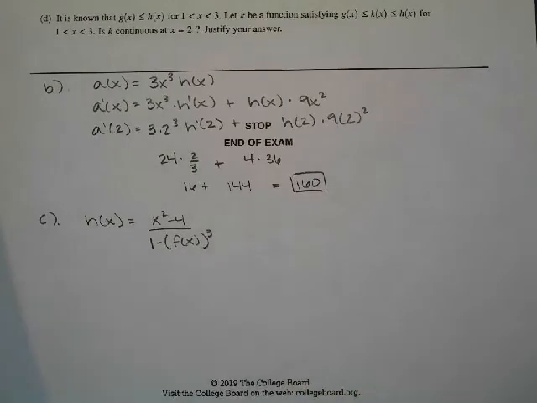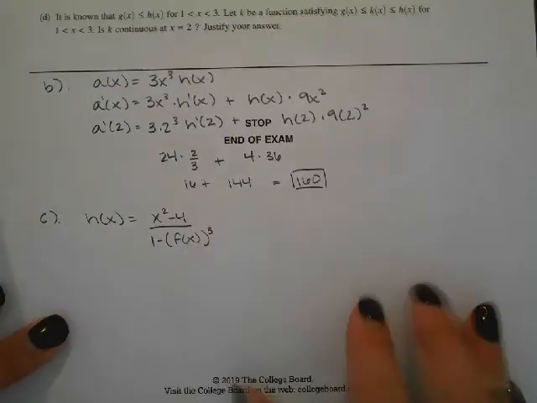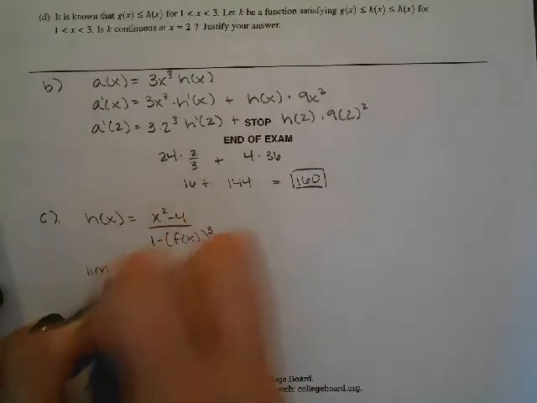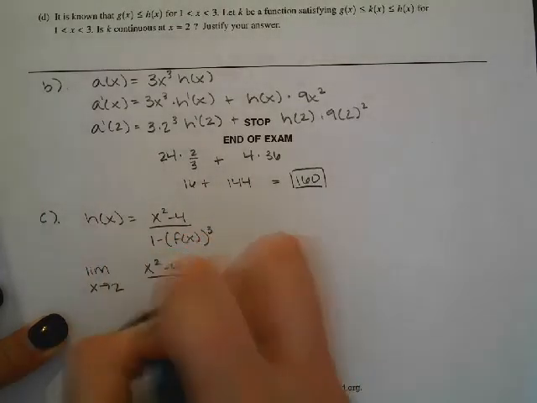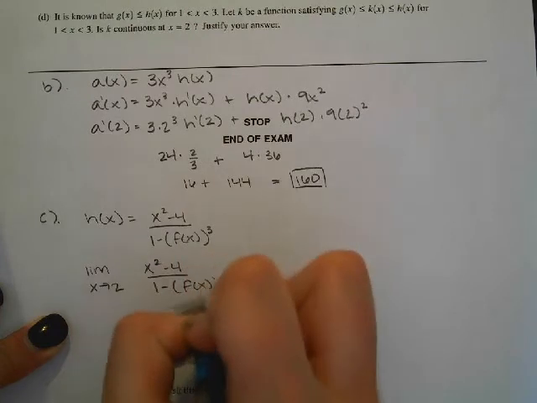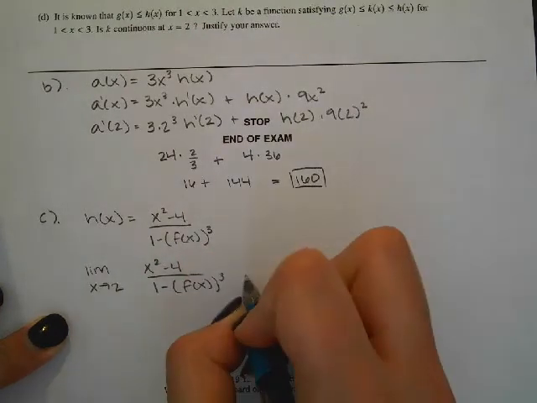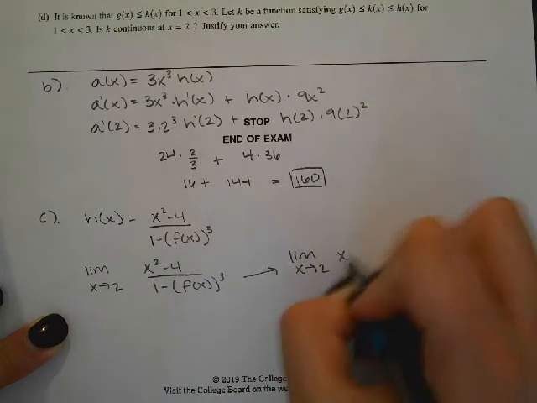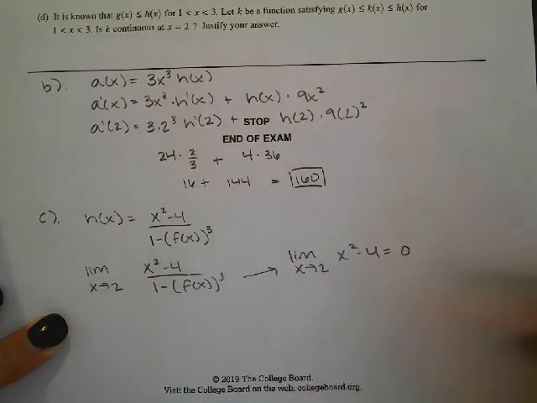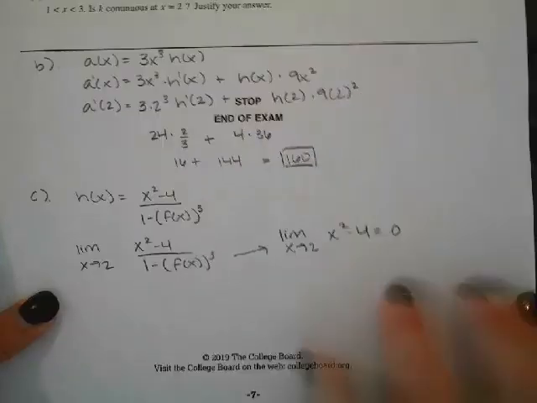Since they said it can be evaluated using L'Hopital's, that means that at least when I try to take the limit at first, I'm going to get 0 over 0 or infinity over infinity. So I knew that as a first step, so I'm just going to go ahead and do that. I'm going to say the limit as x approaches 2 of x squared minus 4, just writing it all out. So when I do L'Hopital's, I have to do the limit of the top. So 2 squared minus 4 is 0. That totally makes sense.